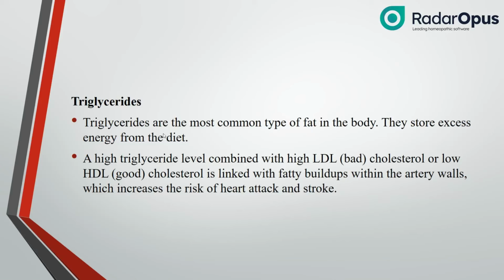A high triglyceride level combined with a high LDL, that is the bad cholesterol, or low HDL, that means low levels of your good cholesterol, is linked with the fatty buildups within the artery walls, which increases the risk of heart attacks and stroke. So triglycerides in combination with the different types of cholesterols can increase the risk of many cardiac problems.